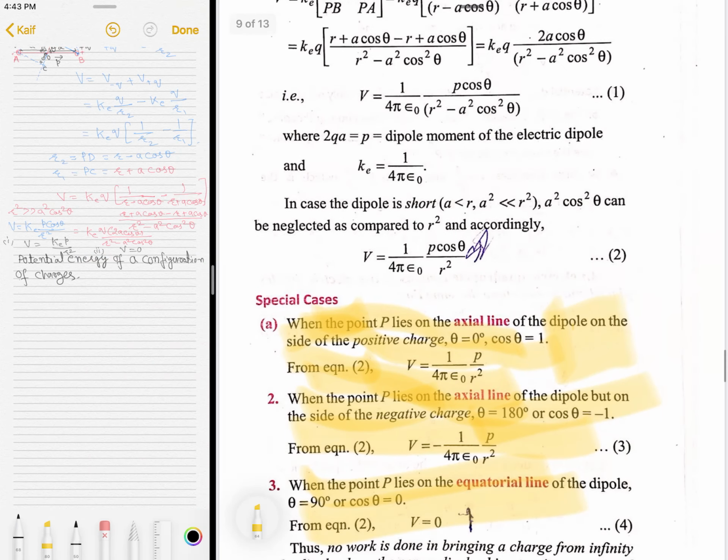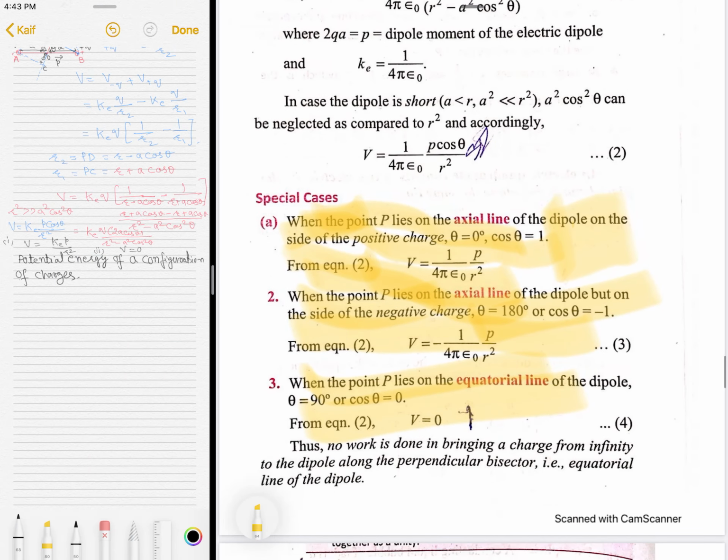special cases: when the point P lies on the axial line of the dipole on the side of the positive charge, theta is 0 degree, cos theta is equal to 1.